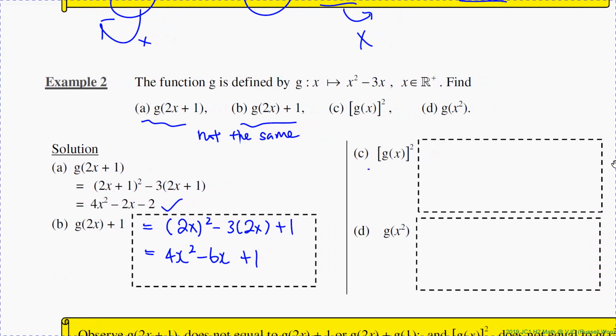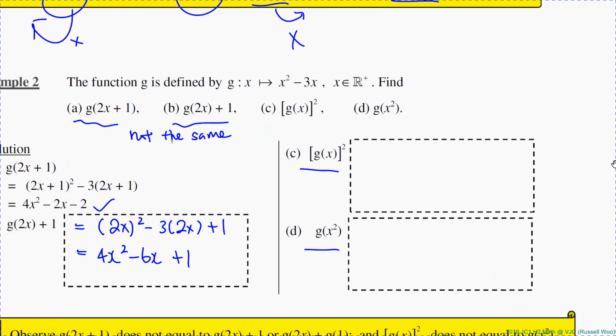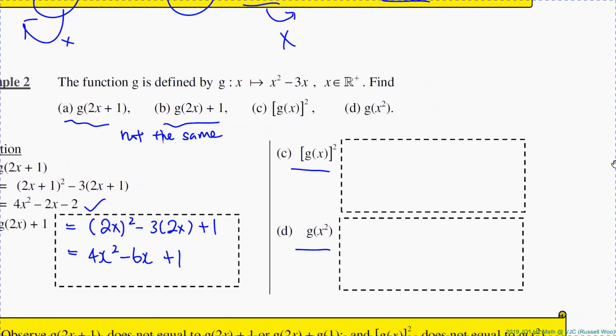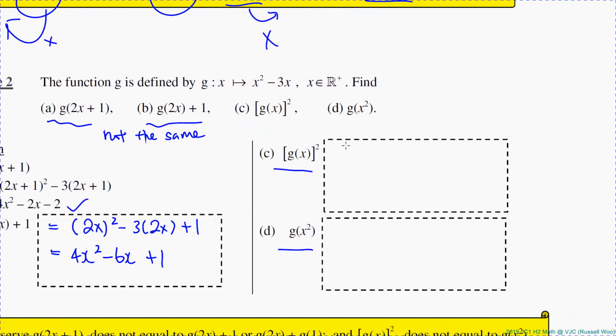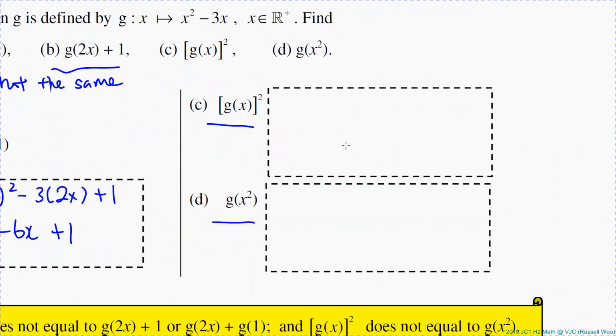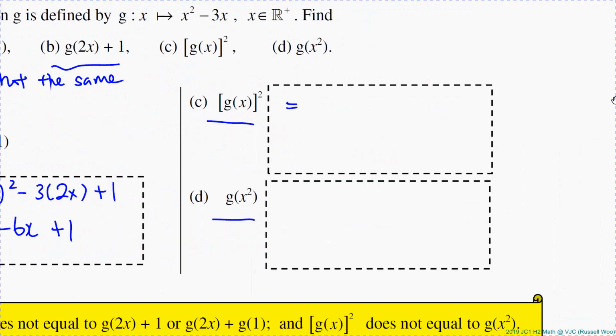Now what about C and D, are they the same? That means you take G(x) whole thing squared, or you take G of x squared. After a bit of calculation, you will get this. You get x squared minus 3x whole thing squared. You get x to the 4 minus 6x cubed plus 9.